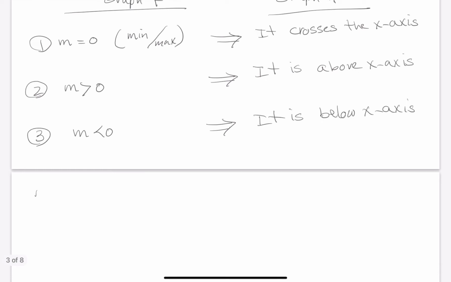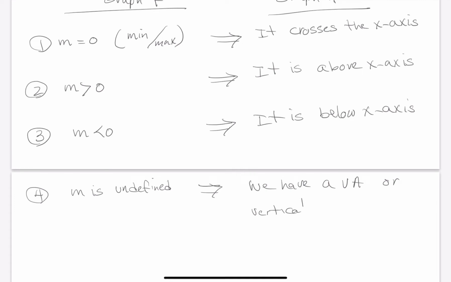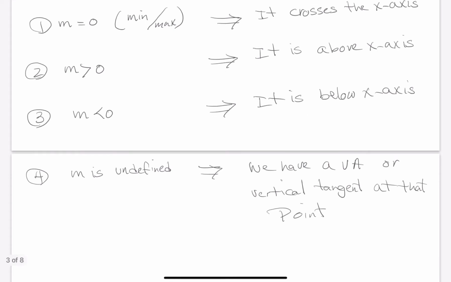And at last, if m is undefined at a point in graph f, that means we have a vertical asymptote or vertical tangent at that point, right?